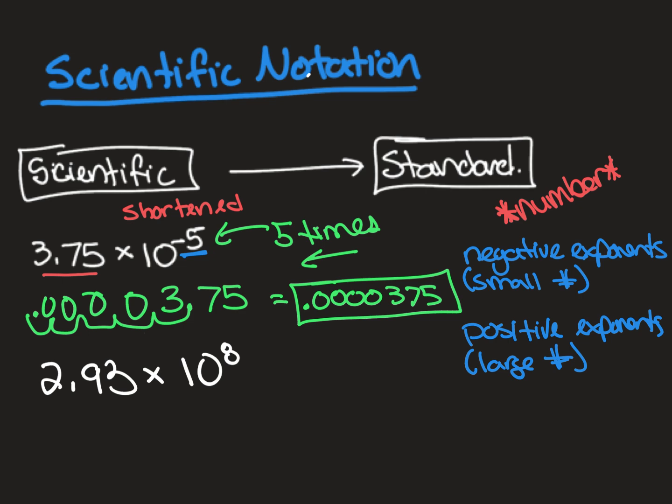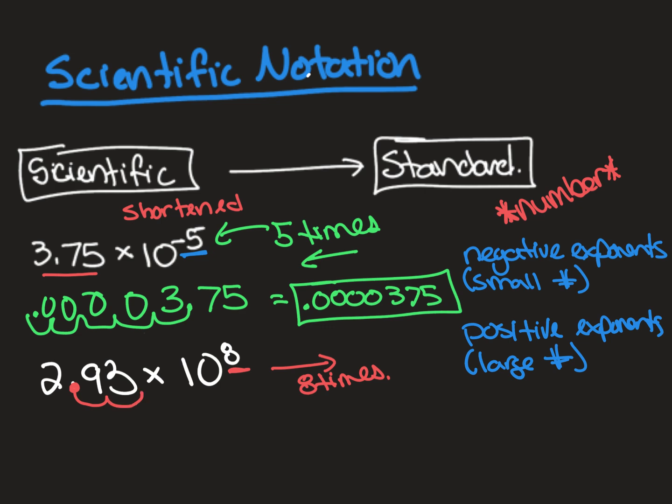So we're going to take a look at the second example. You can see here, this is a positive exponent, so I know it's going to be a very large number. That means I'm going to be moving my decimal to the right this time, and I'm going to move it 8 times to the right. So here I can see that my decimal is currently here.